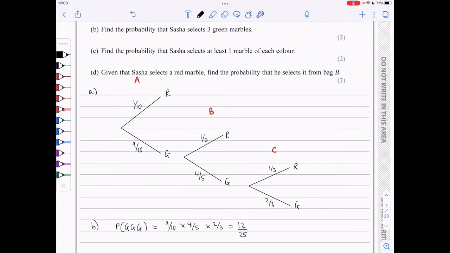Part D, given that Sasha selects a red marble, what is the probability that he selects it from bag B? So we know for sure that we got a red marble, so we're here, here, or here. And what's the probability that we selected this red marble from B, which is this one? So what I have ticked will be my denominator, and the cross here will be my numerator.